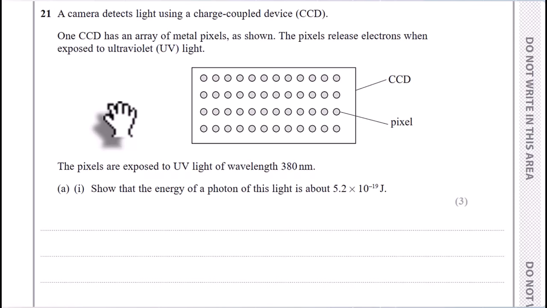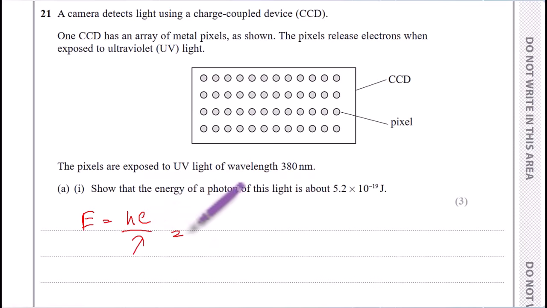As always, for any calculation or shortcut question, you just need to recall the relevant equation when it comes to unit 2. So the equation that links wavelength with energy is E equals hc by lambda. So I'll definitely request you to have these constants memorized.